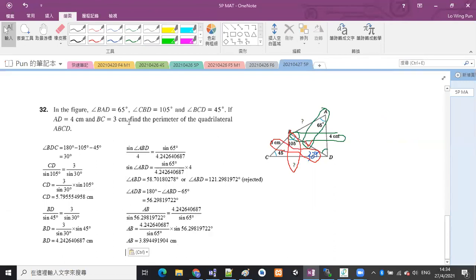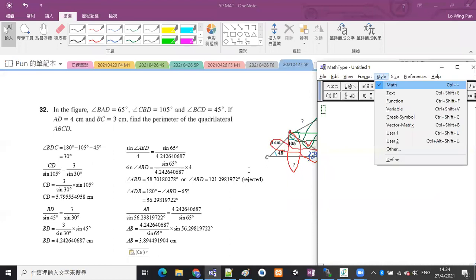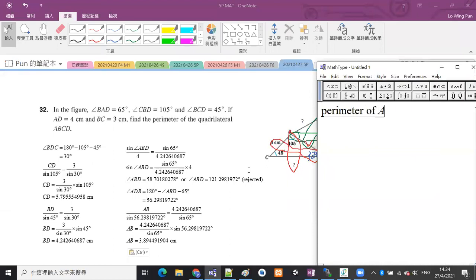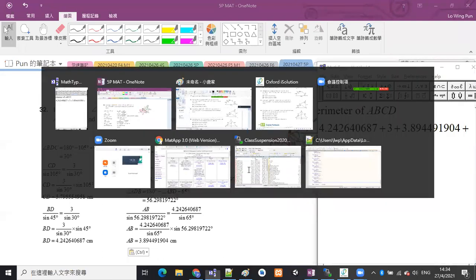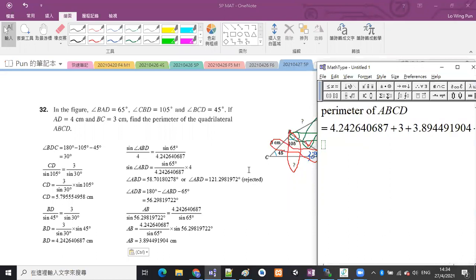Okay. Finally, we need to find the perimeter. Okay, the perimeter of ABCD is equal to 4.242640687 plus 3 plus 3.894491 plus 4. Okay.